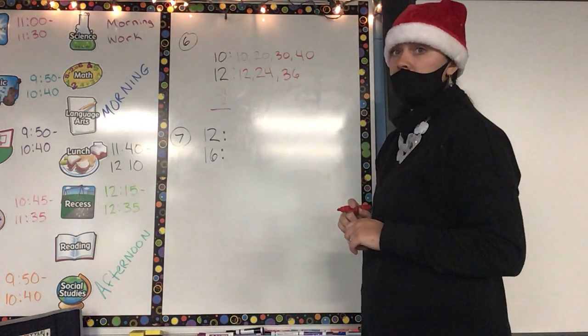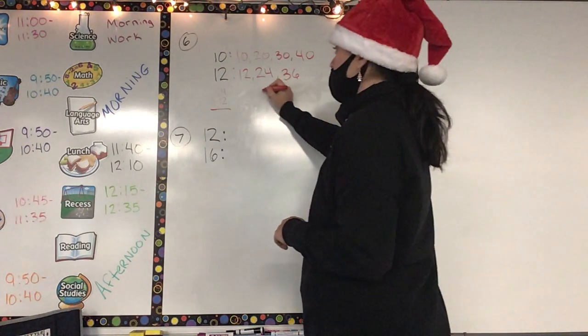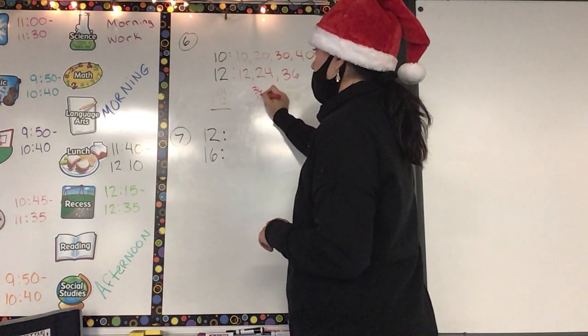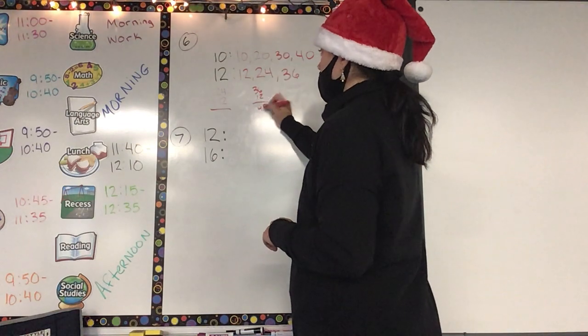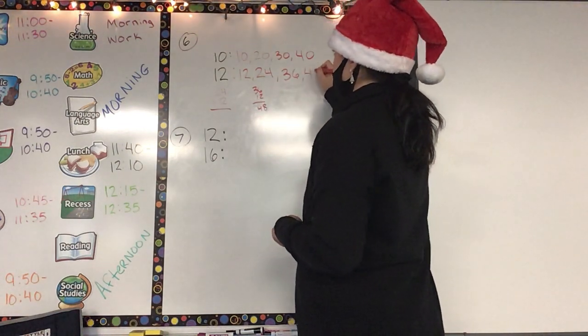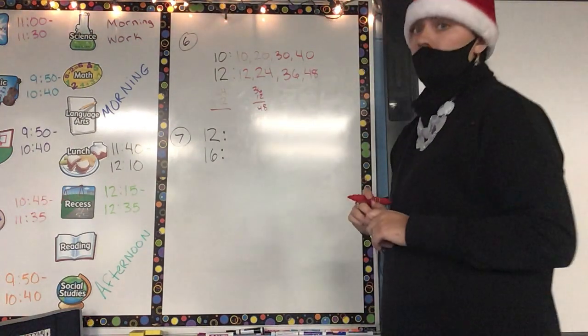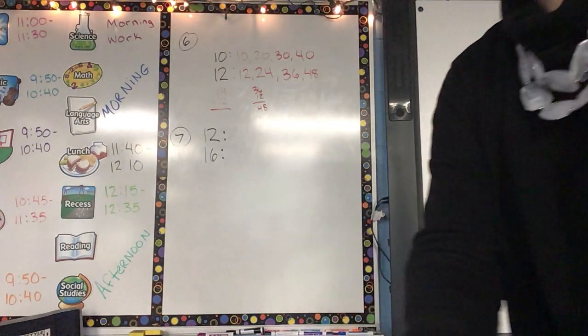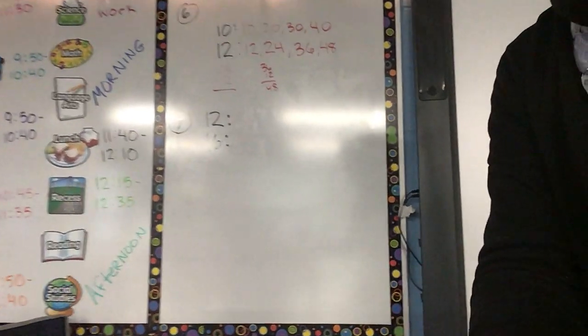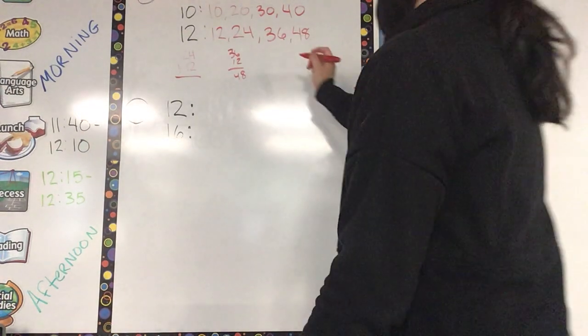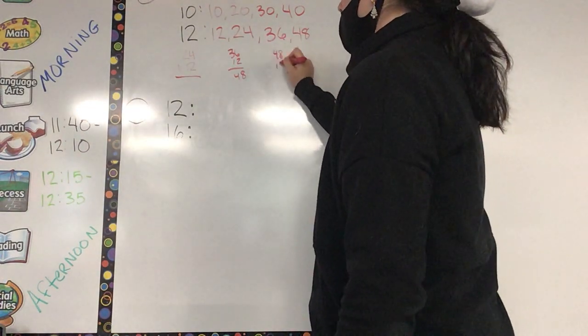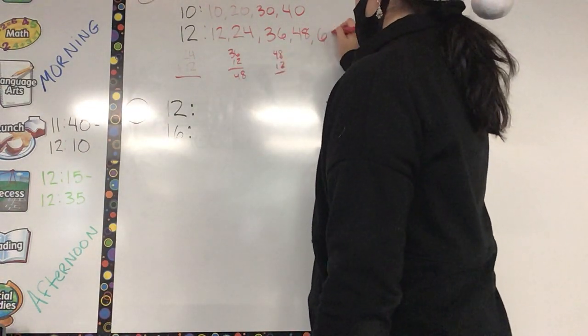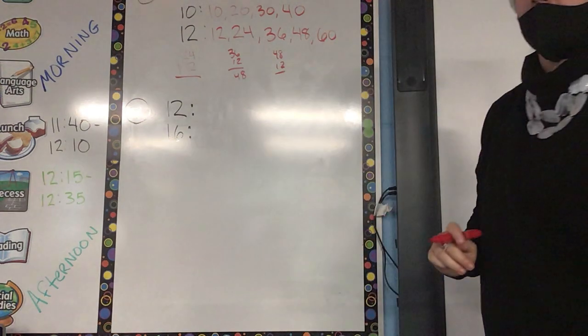Let's say you don't know what comes next. Add another 12. 36 plus 12 is 48. Let's say you don't know what comes next. You're going to add another 12. 48 plus 12 is 60. Do I have an LCM yet?